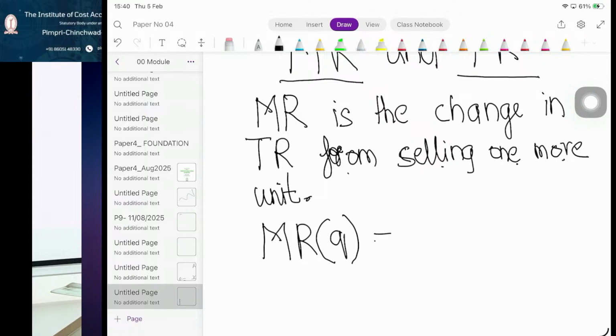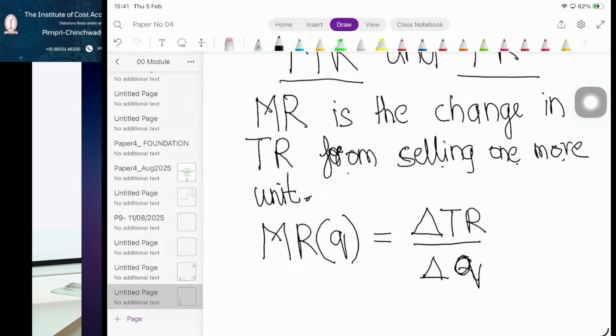So you can write this as delta TR upon delta Q. Delta TR is the change in total revenue, and delta Q is the change in quantity.